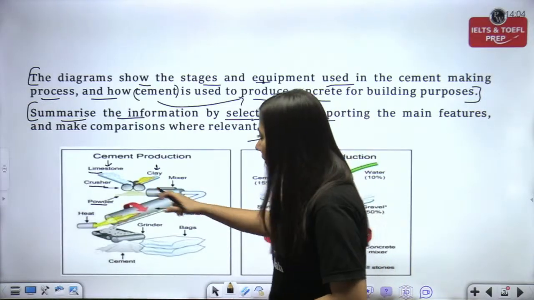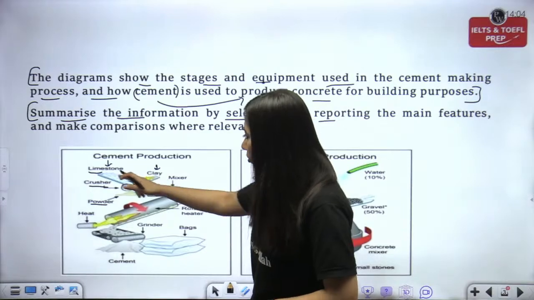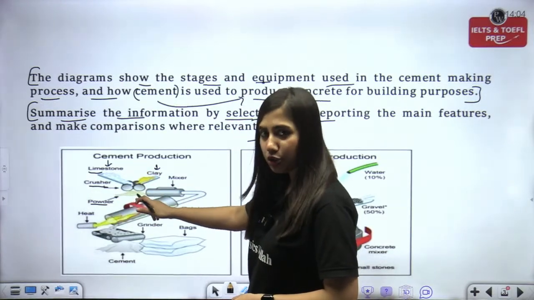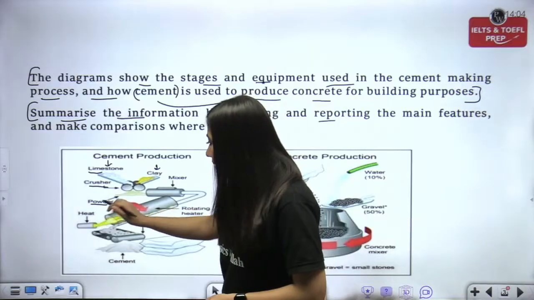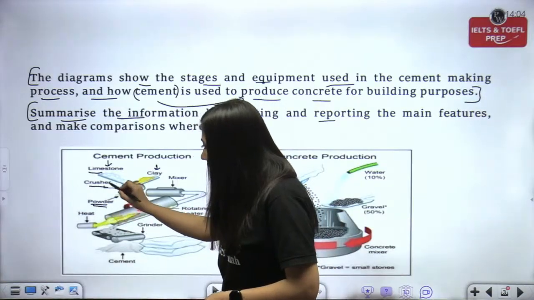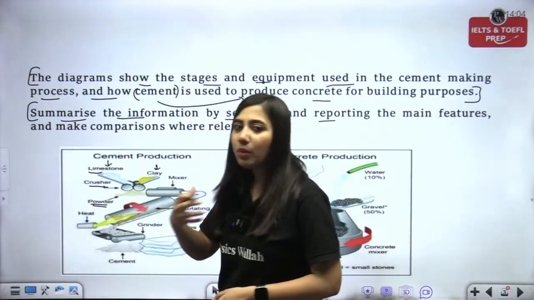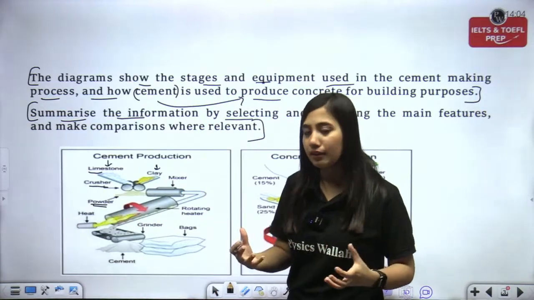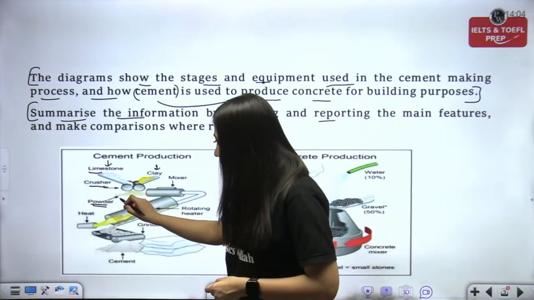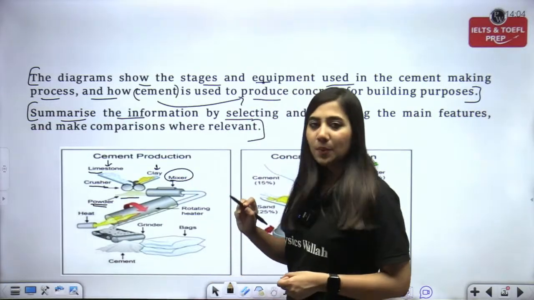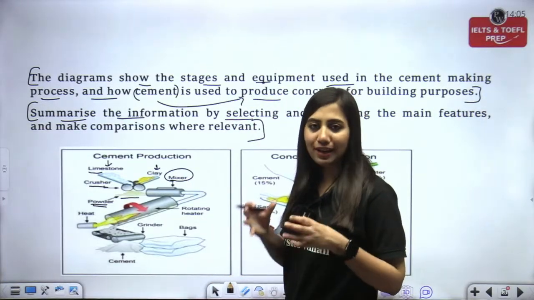So what do you see? Here is the limestone, here is the clay. They both are getting mixed and crushed by a crusher. After that, a fine powder is created. Now, this powder is poured into the mixer, where we mix the fine powder.